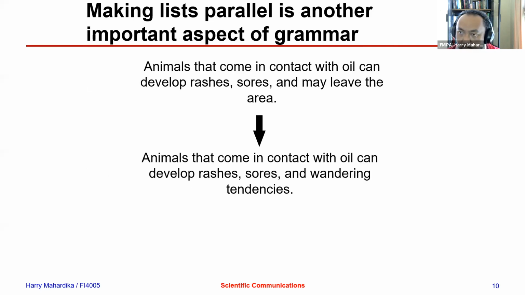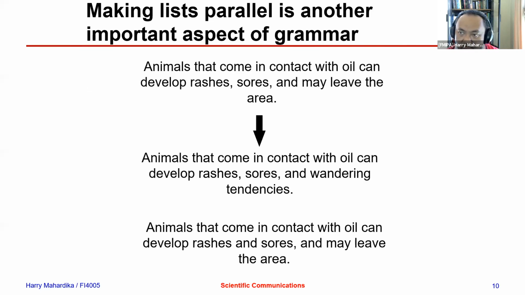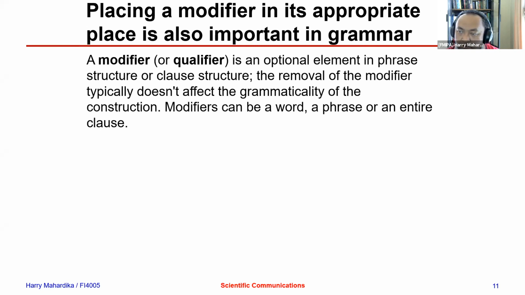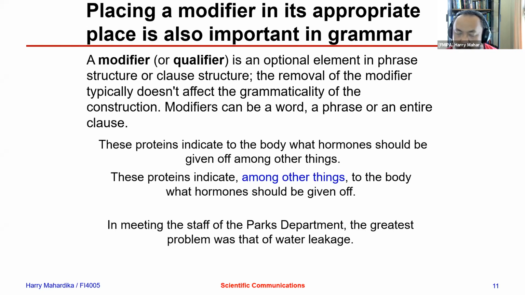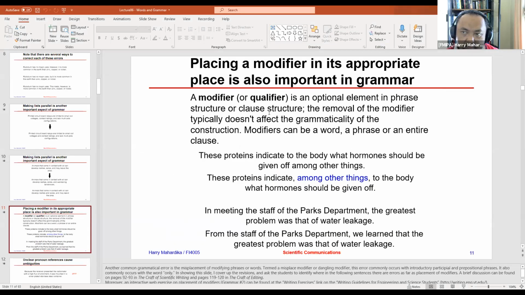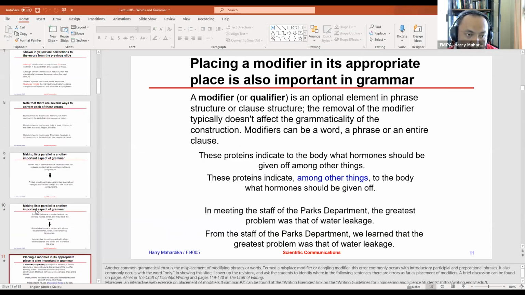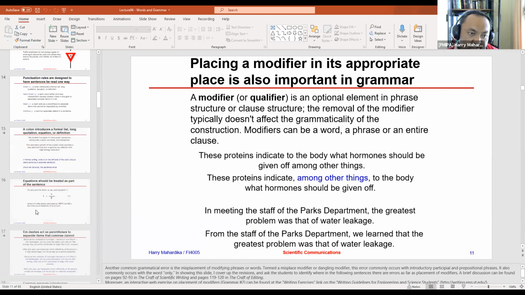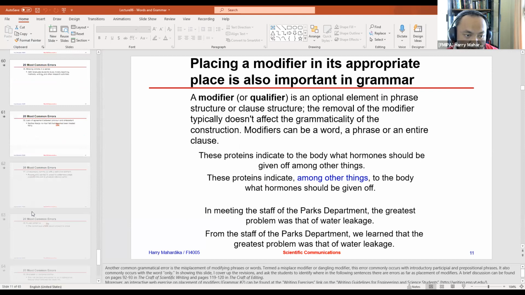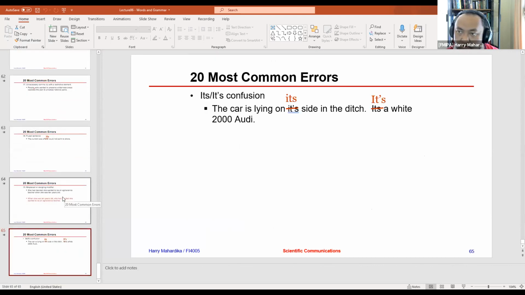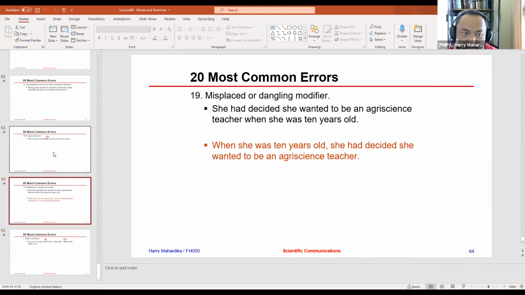More examples are given here in the lecture notes, and I think there are 65 or 69 slides that cover many things about common mistakes that a novice writer has. So I'm going to leave this for you to look at by yourself and study independently.